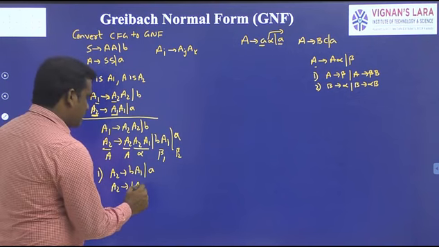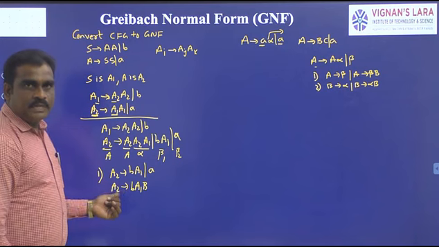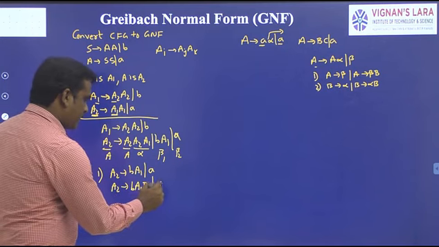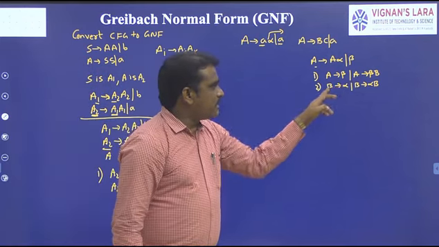The new variable is B with the suffix depending on the production's left-hand side value, that is 2, so B2. Same way A, B2.